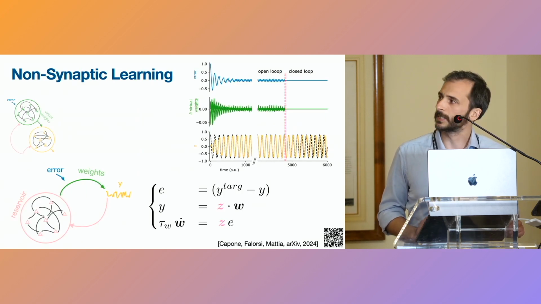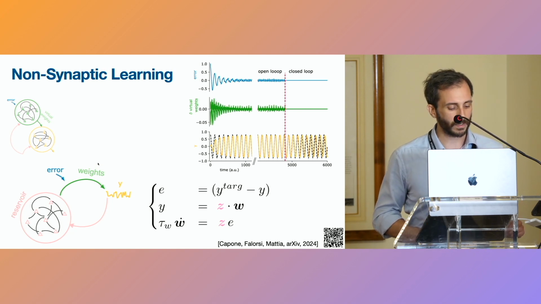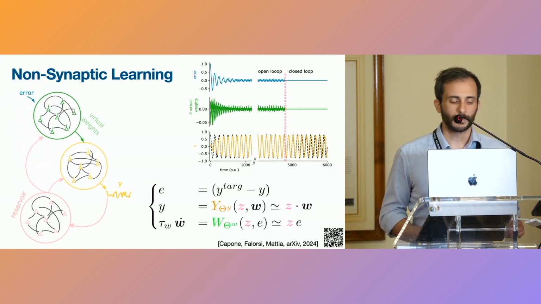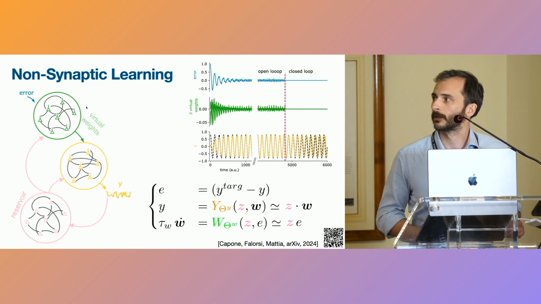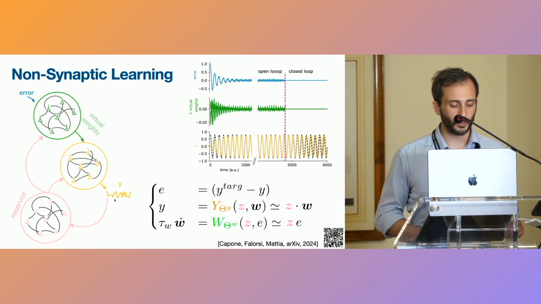We propose a simple approach, which is basically to replace these weights and learning mechanism with two networks. There is one network which receives the error and produces the weight updates following the gradient. And there is another network which receives the new weights and estimates the current output of the network.